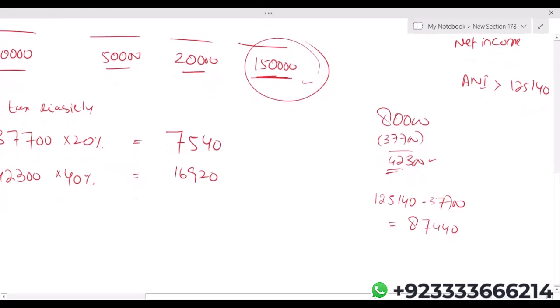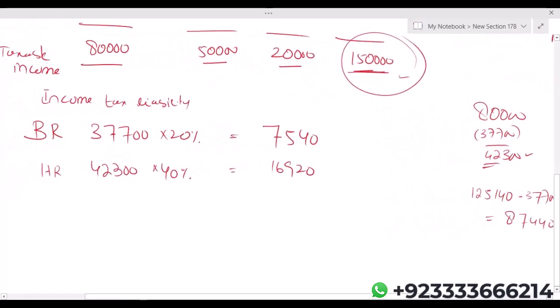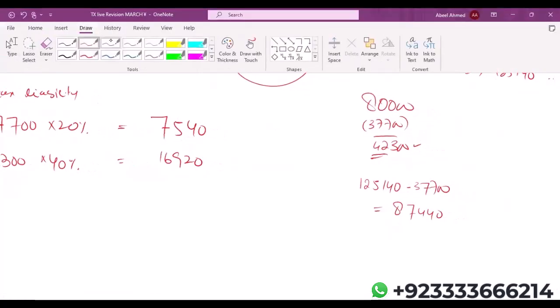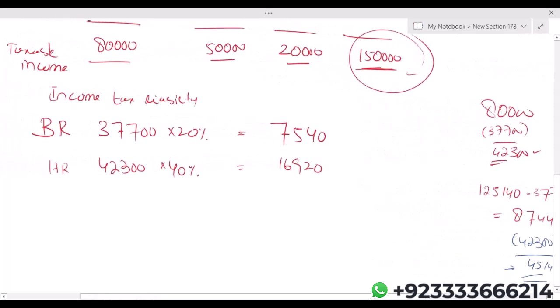Out of this 87,440, we have already utilized 42,300. So we still have 45,140 left in higher rate band.